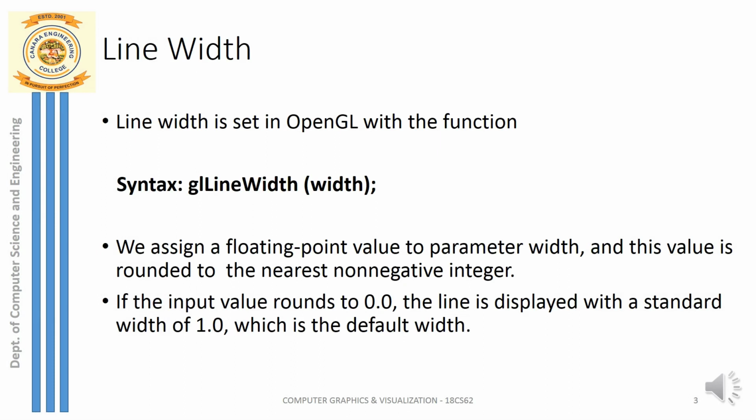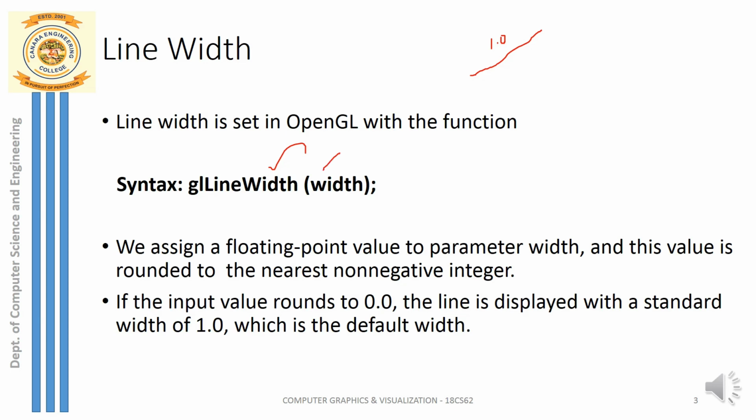Let's discuss line width. When we draw a line, by default it will be drawn with a suitable width, and the standard line width is 1. Suppose I want to increase the thickness of the line, I need to use the OpenGL function glLineWidth.